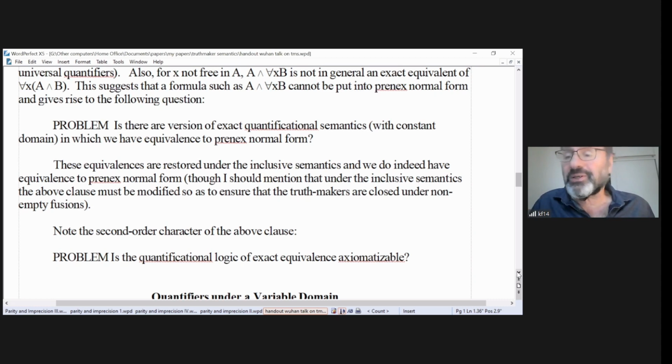This raises the question as to whether the notion of exact equivalence is axiomatizable. And again, I don't know the answer to that question. If it is axiomatizable, we'd like to have an axiomatization of it. So the very basic logic of exact equivalence for quantification in the case of constant domain is not even properly understood. I mean, these are just fundamental issues that we should have answers to. Okay. All right.